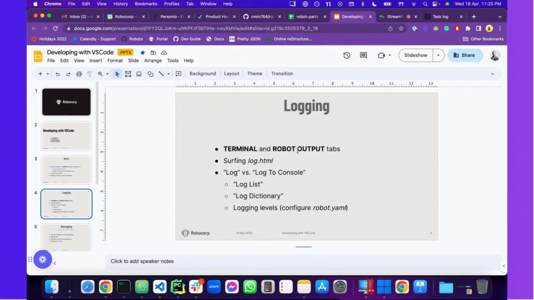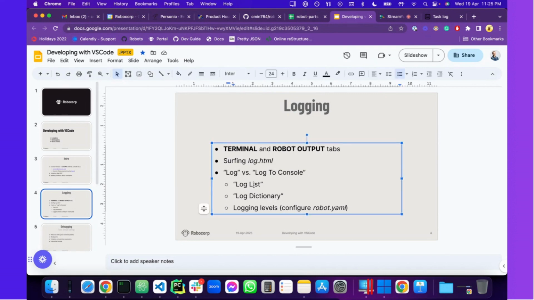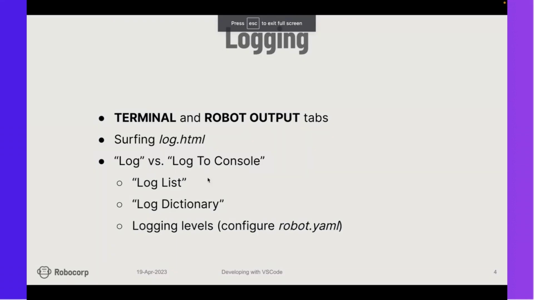It starts from the terminal and robot output tabs. Then you can serve that log HTML. There are also a couple of handy wrappers over the simple log. One of them is log list, for example, which will help you save some time because it's logging an entire list object.